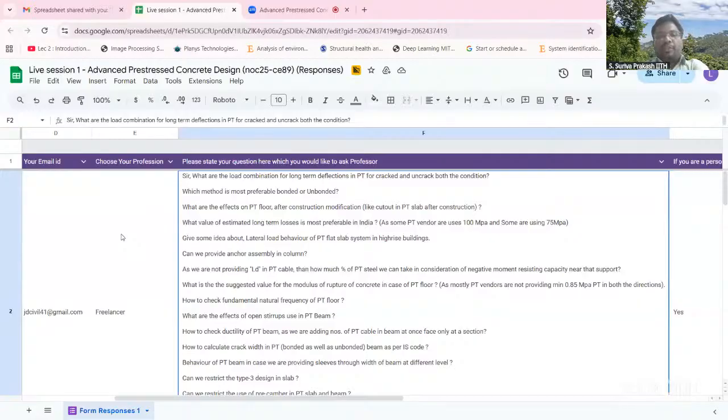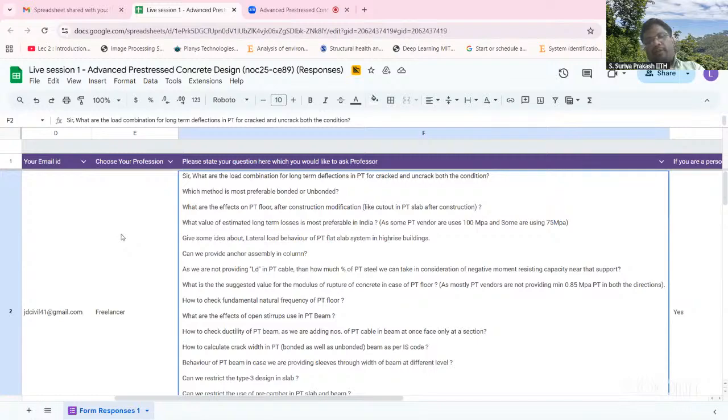The second is the modulus of rupture. That's a material property, right? The concrete material property. So if you have M30, it's 0.7 square root of fck. That is not going to change. Depending upon the amount of pre-stress that you have, you will have more load needed to reach the tension, because now it has to come from the compression.